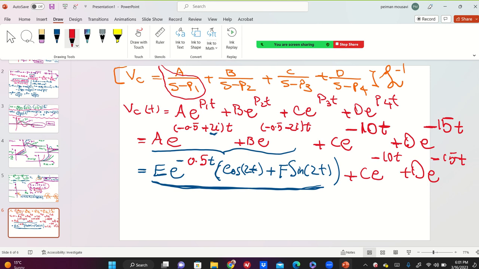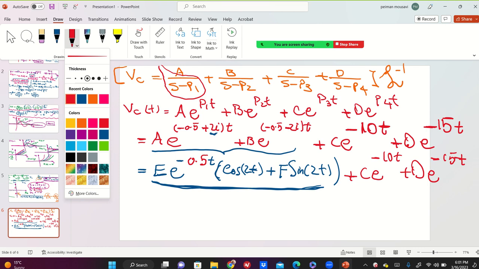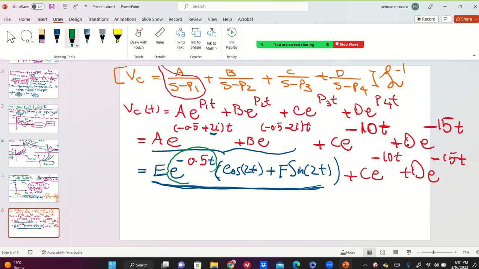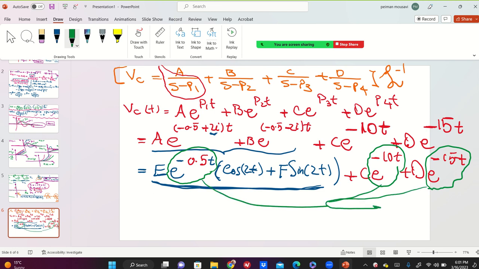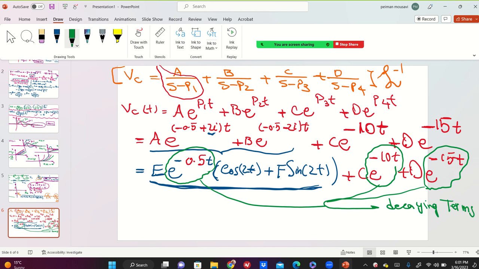Now I want you to please pay attention to me. This is high school. This is not even control engineering. Look at these two parts. What was the name of these two parts I told you in this class? Technically, decaying what? Decaying term, that's right. Remember? Decaying terms, because they decay with time. Okay, guys, if I increase time from 0 to infinity, which of them vanishes fast?